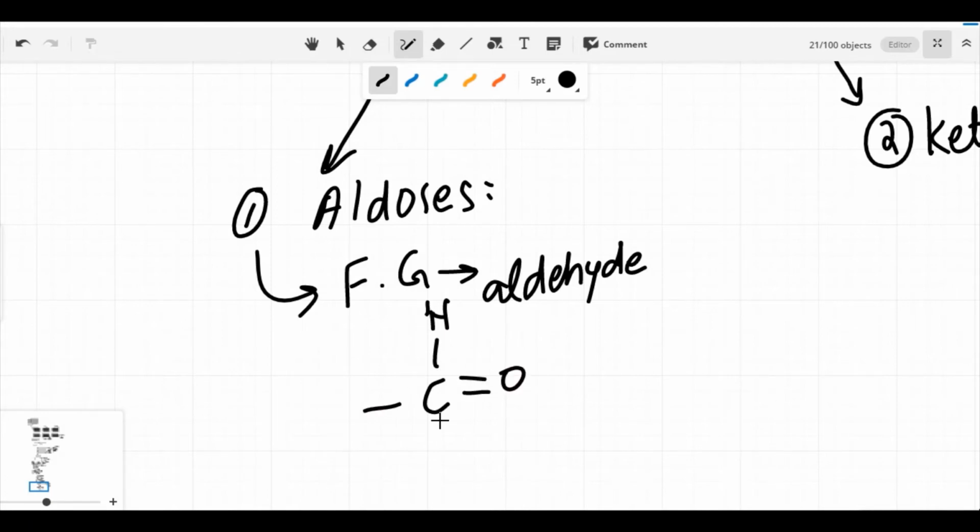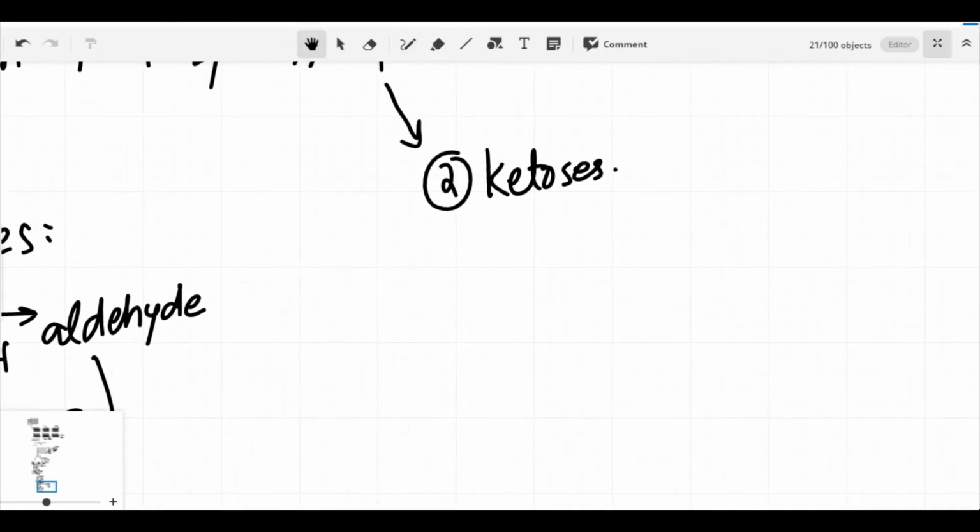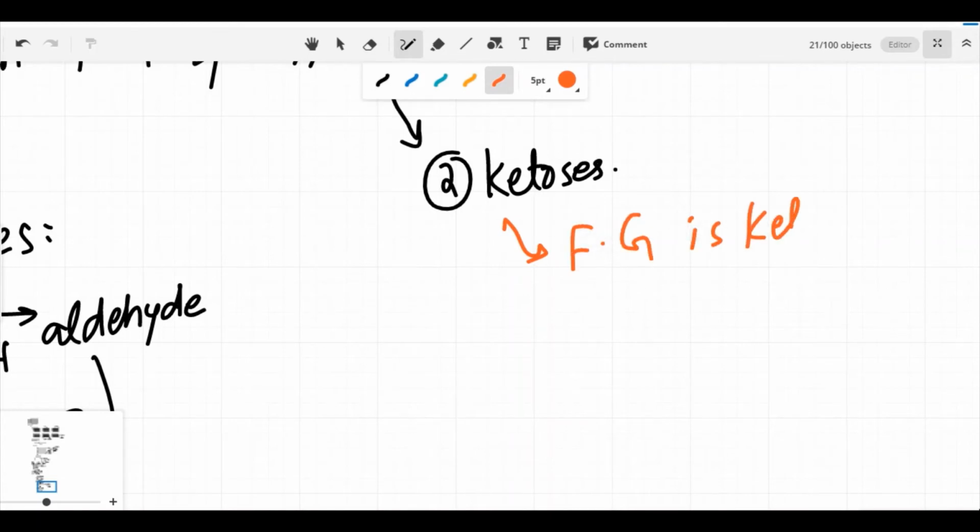In the case of ketoses, the keto means the functional group is ketone, which is R-C-R.